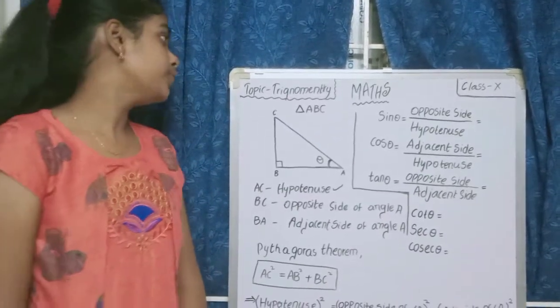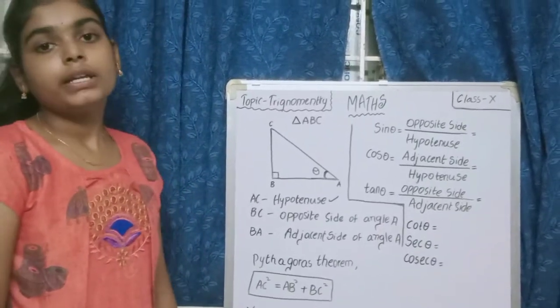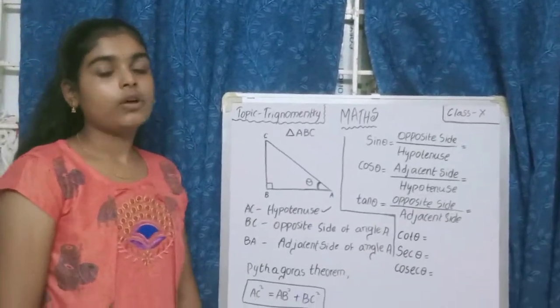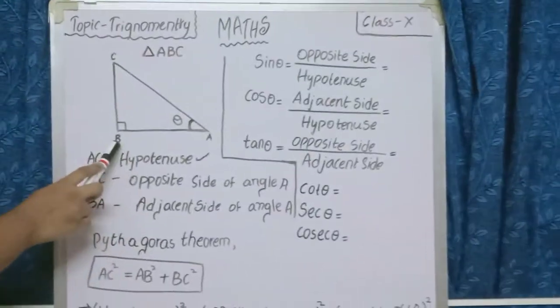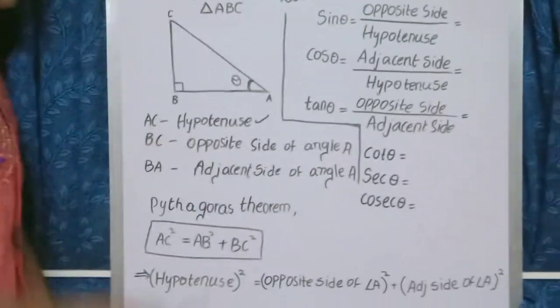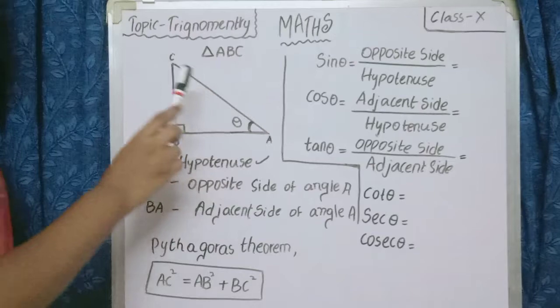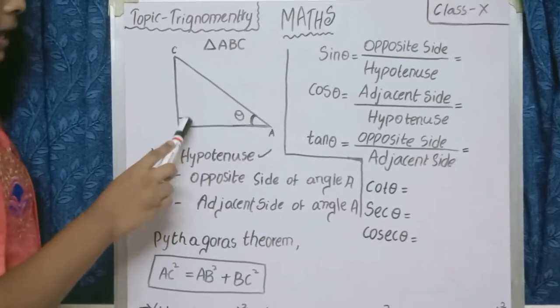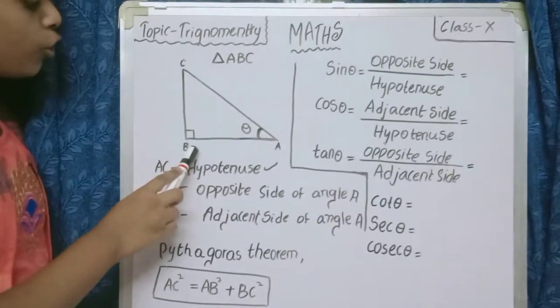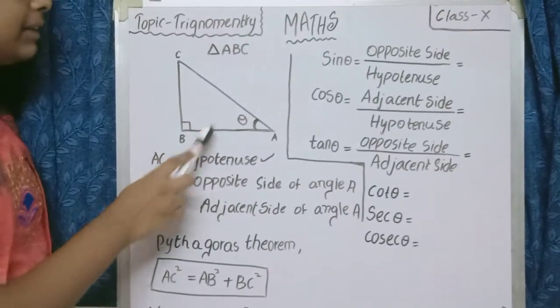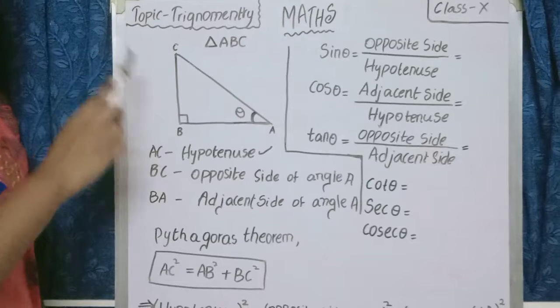Now let's go into the topic trigonometry. Let's take a right angle triangle ABC, where a right angle is formed at angle B. The opposite side of angle B is said to be the hypotenuse.